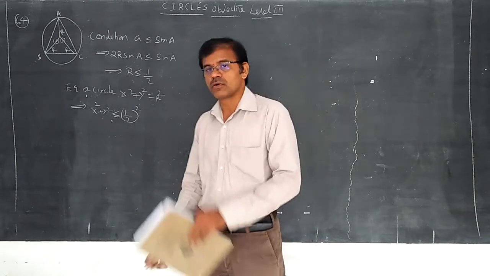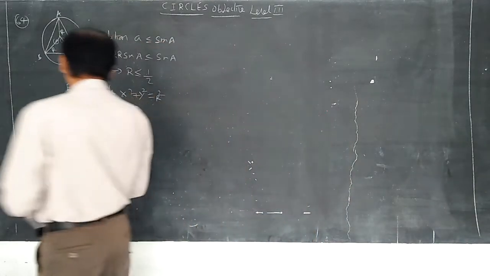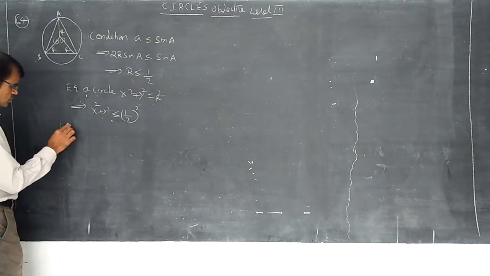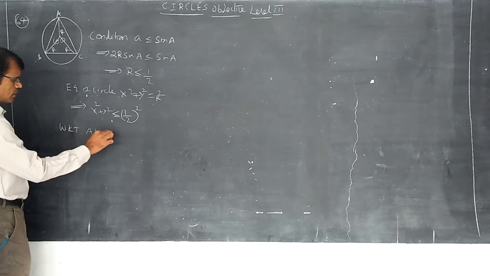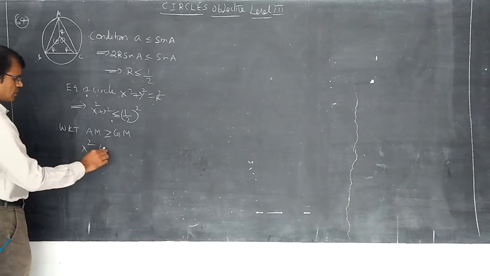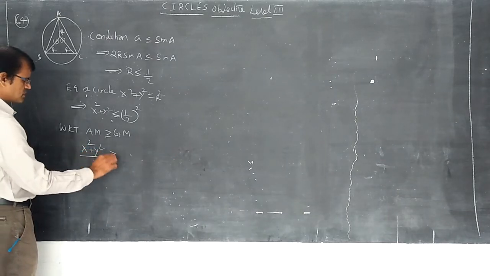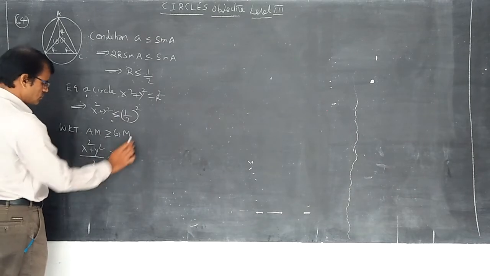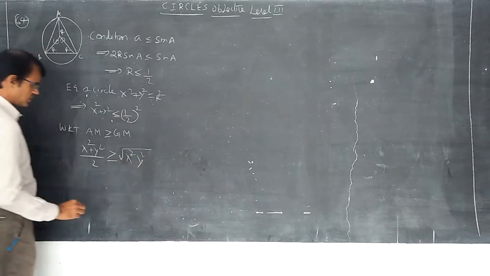Now he is asking about xy because every option is in xy form. We know the AM greater than or equal to GM concept. Here we can write x square plus y square by 2, for two numbers, greater than or equal to the GM, root of x square into y square.